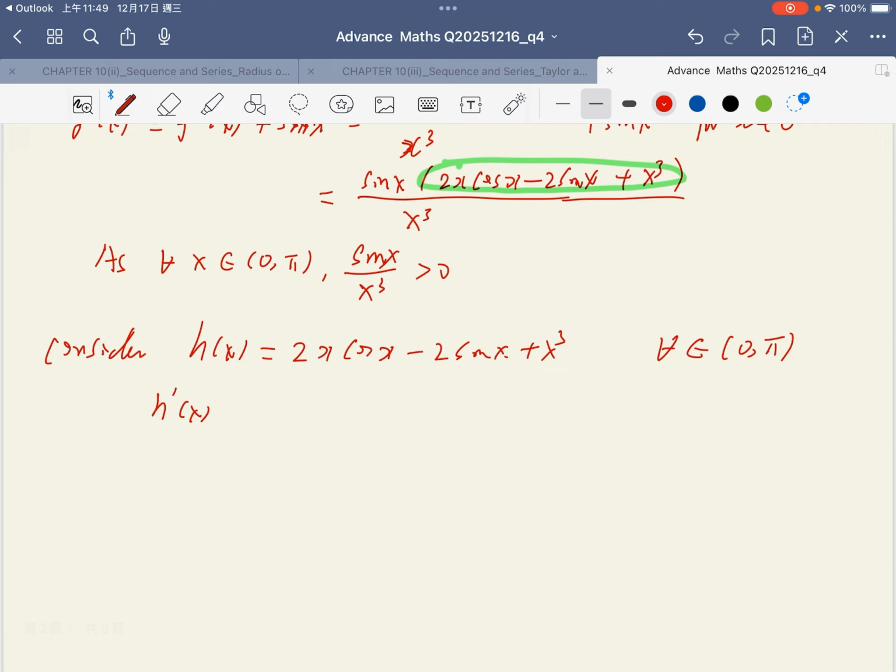I got 2 cos x minus 2x sin x minus 2 cos x plus 3x squared. Let me see.